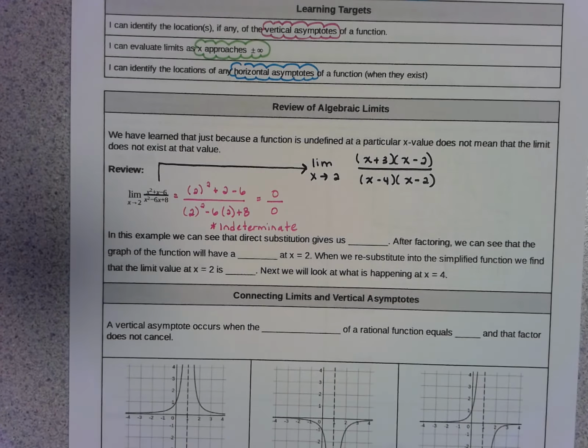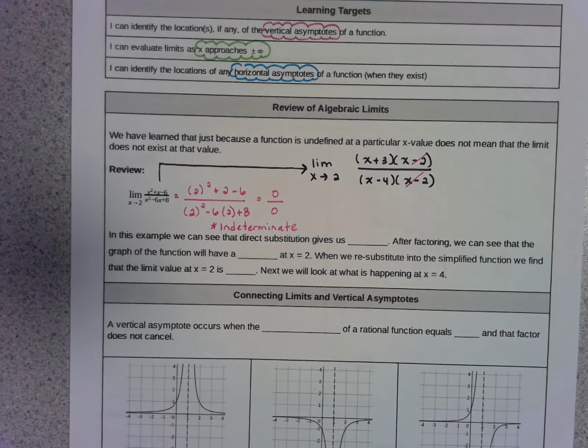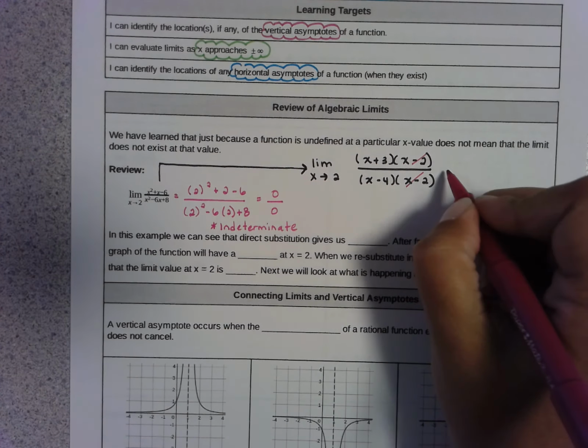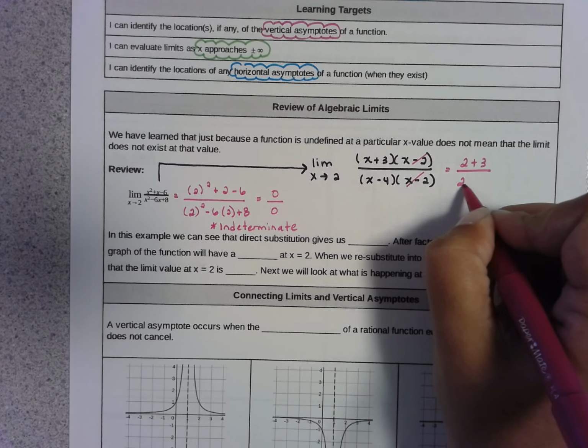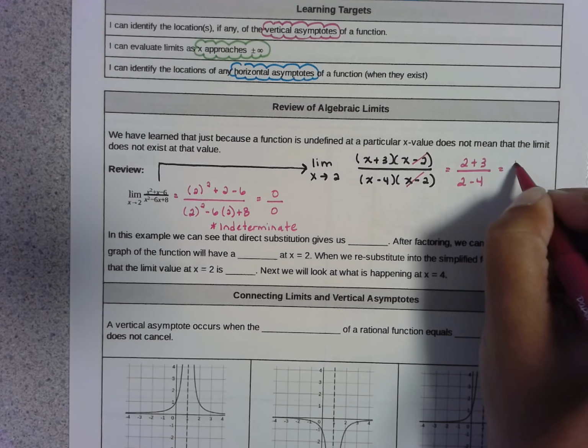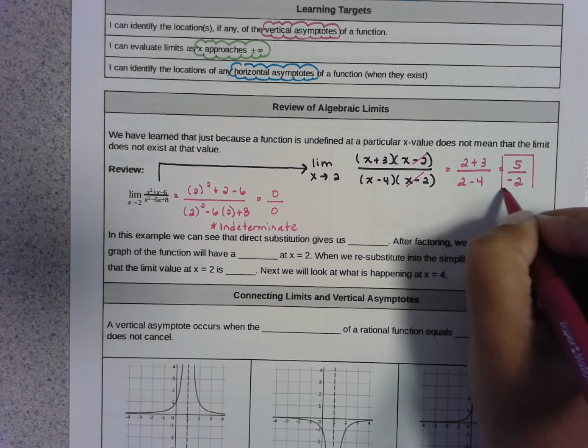What we should notice here is that the x minus 2's cancel in both the numerator and denominator. So now, if we were to try substituting the number 2 into our new function, we would have 2 plus 3 divided by 2 minus 4, which gives us 5 divided by negative 2, which is our answer.